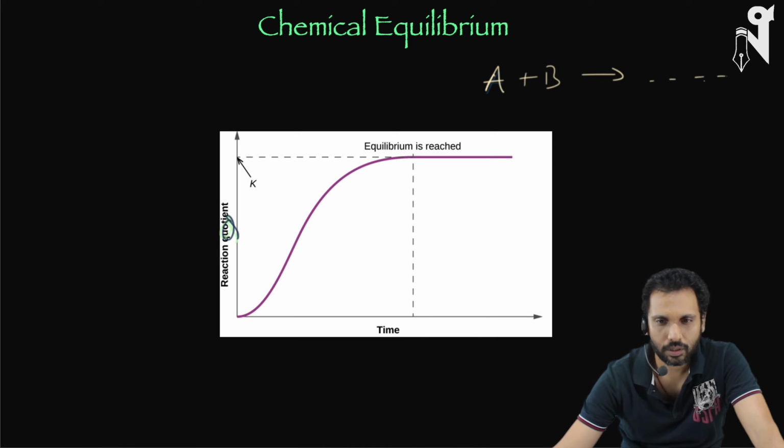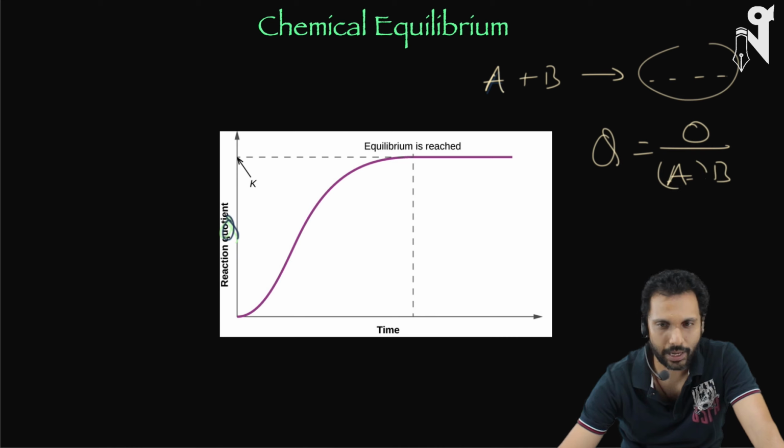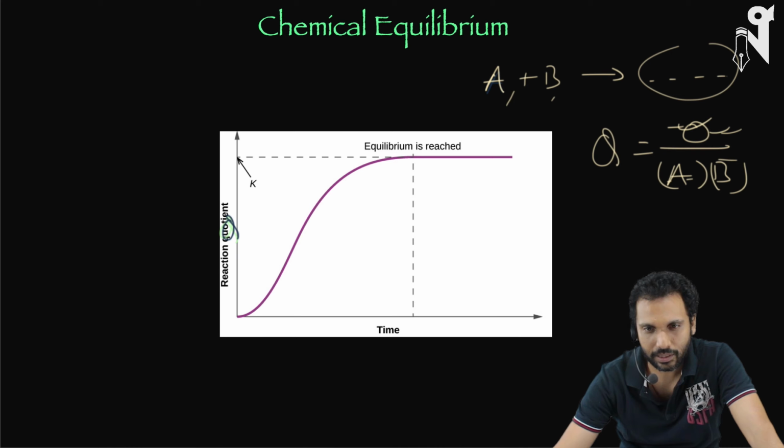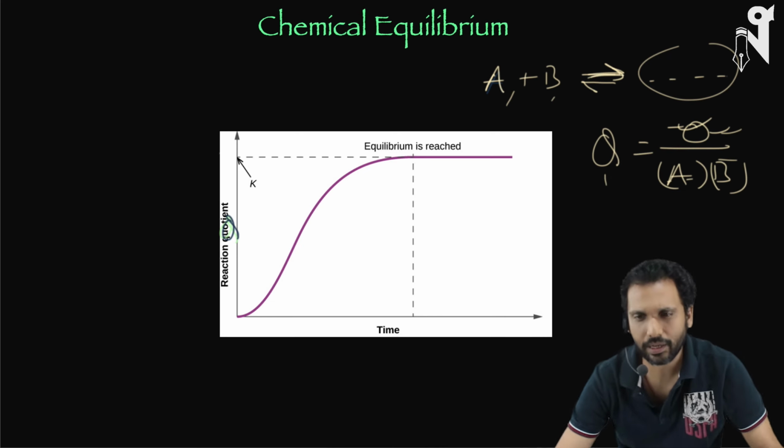So Q was 0 because there was no product, divided by enough amount of A's and B's. So that starts with 0, but as the product starts forming, you have the numerator building up and this one going down. So the Q value increases and eventually the equilibrium is reached, and at that time the Q value becomes the K value. You can pause the video and study this. No great deal over here.